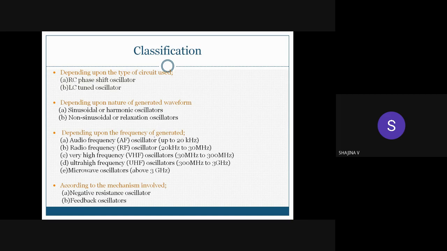Then depending upon the frequency generated, it will produce a periodic waveform of fixed frequency. So depending upon that particular frequency range, we can classify oscillators into audio frequency oscillators, radio frequency oscillators, very high frequency oscillators, ultra high frequency oscillators, and microwave oscillators.